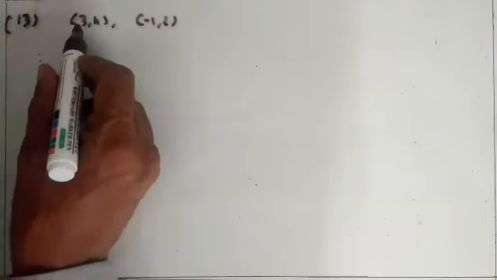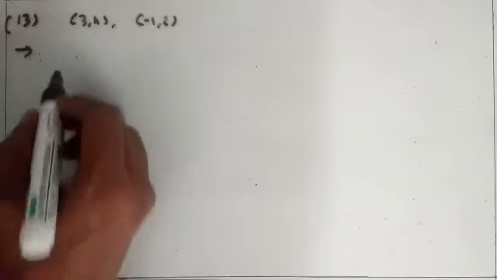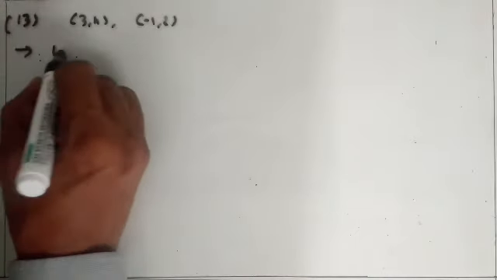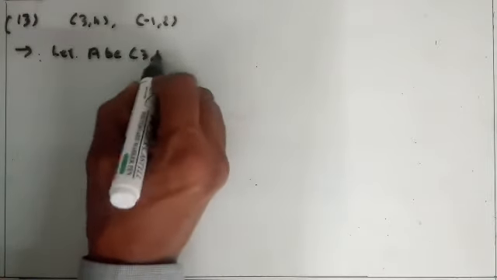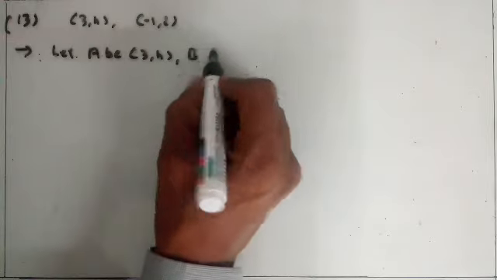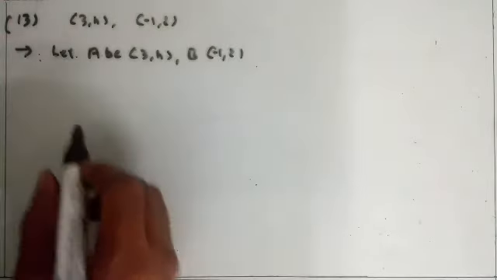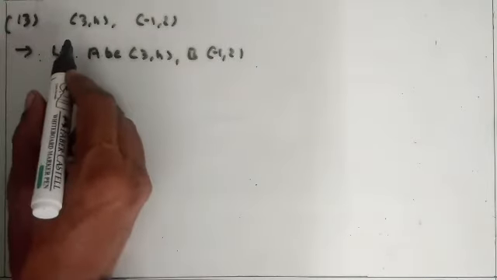Find the equation of the right bisector of the line segment joining (3, 4) and (minus 1, 2). Right bisector of the line segment joining these 2 points. First, suppose the given 2 points are A and B. Let A be (3, 4), B (minus 1, 2), and right bisector given.